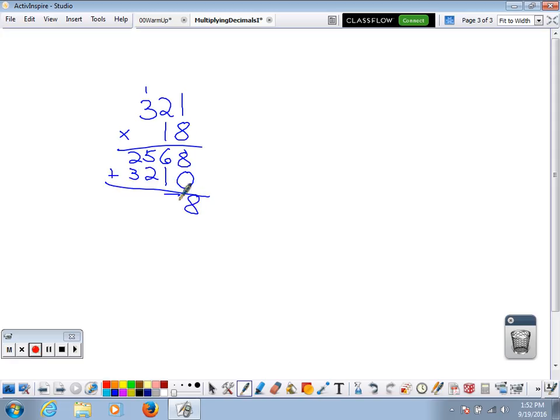I'd add it, and there we go. Now it's the same idea with decimals, except it's not necessarily going from the ones place to the tens place, but every time we shift over to the right, we're going up by a power of 10, really. Okay?